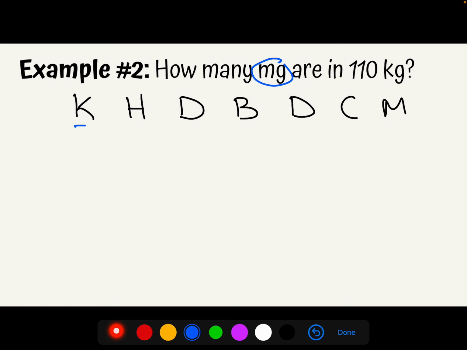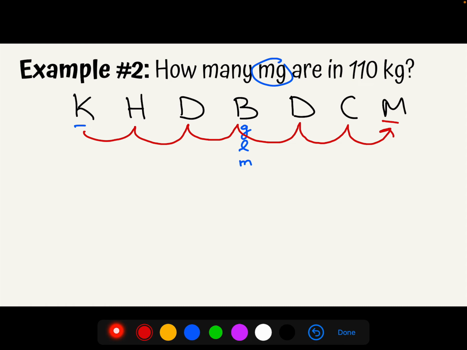So I'm no longer going to be at the base unit, because again, the base unit is grams, liters, and meters. Or in this example, I'm trying to get over to milligrams, not just grams. So let's count how many jumps I have to make to get from the K over to this M at the far right here. So 1, 2, 3, 4, 5, 6 jumps.